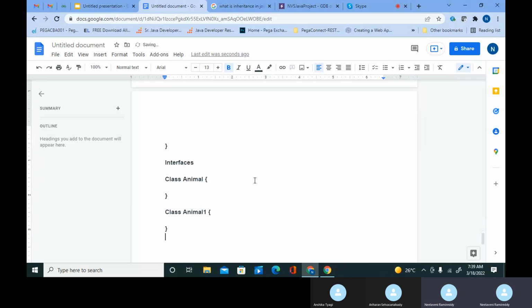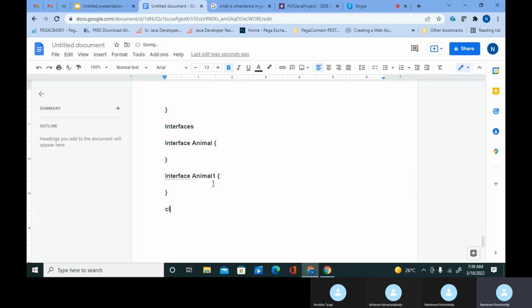Here, instead of a class, I want to create interfaces. Interface, here also interface. Now I'm going to create my child class. Can we create an instance for an interface?